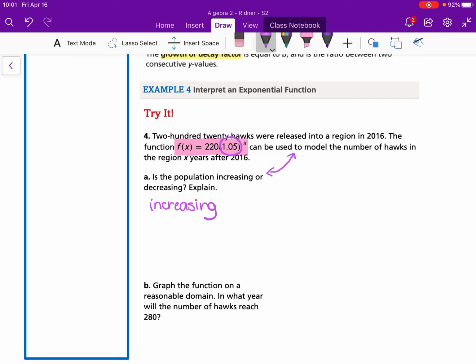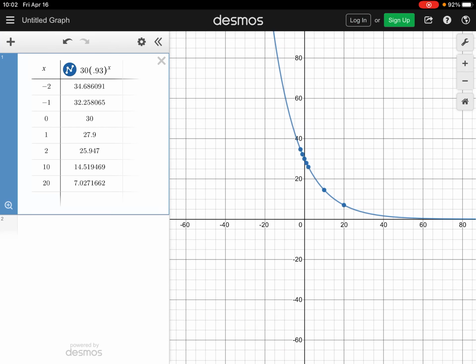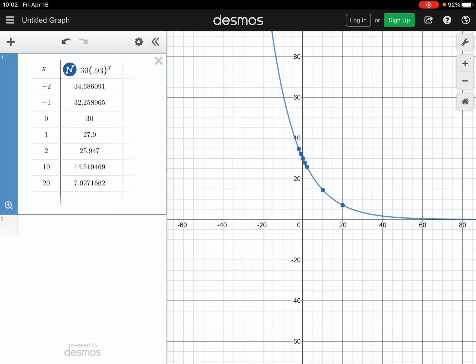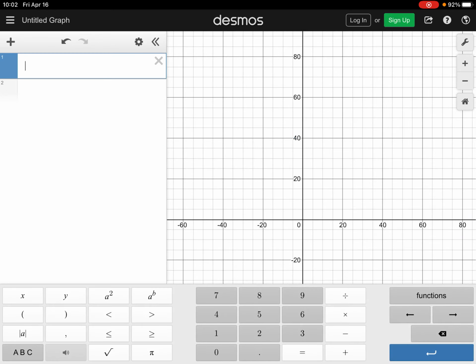Okay, in what year will the number of hawks reach 280? So I'm going to clear out what's here. I'm going to type in that function it gave me. So it was 220 times 1.05 raised to the x.